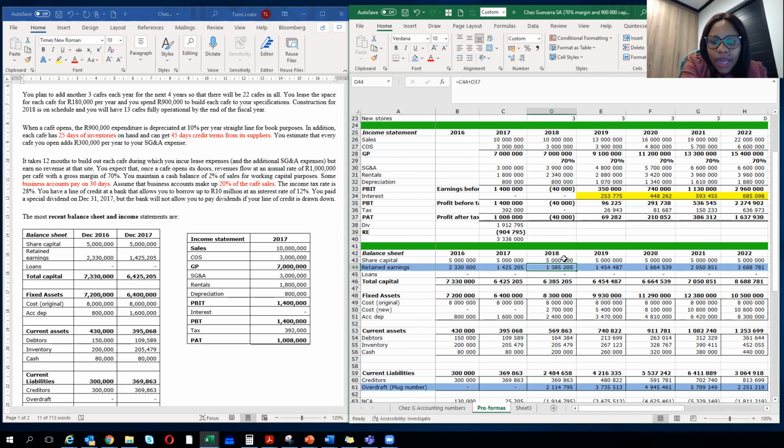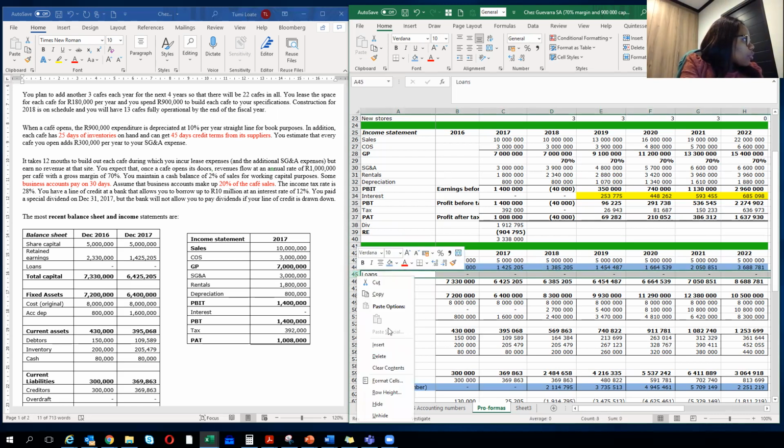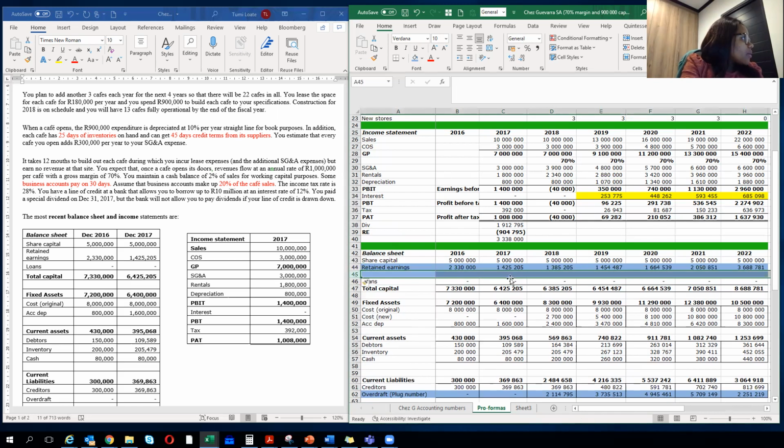So you'll notice what I'm going to do here for your retained earnings calculation, which I'm going to set up here. I'm going to pull through each year the previous year's retained earnings balance, and I'm going to add the profit for that year. Each year, that profit is going to have to come through. So in that year, you decided to pay a dividend.